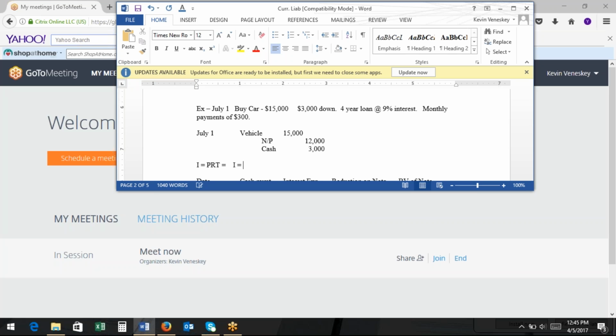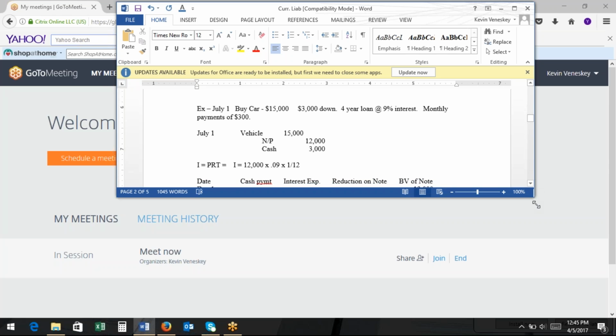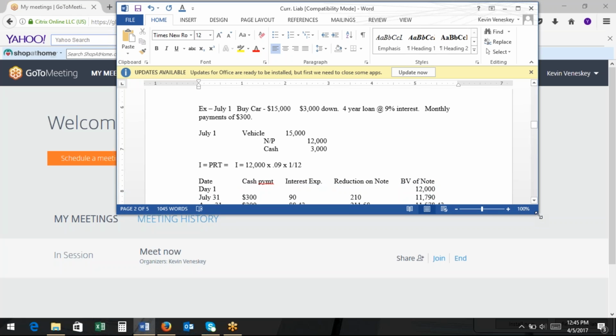So I equals the principal times the rate, 0.09, times our time. If we're only within the first month, our time is 1 month out of 12. If you do this calculation, you're going to get $90.